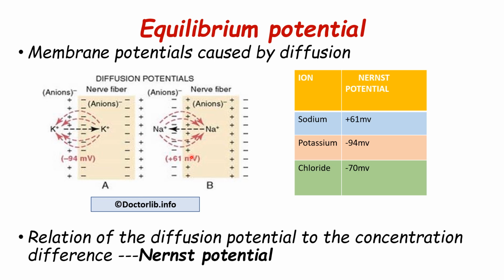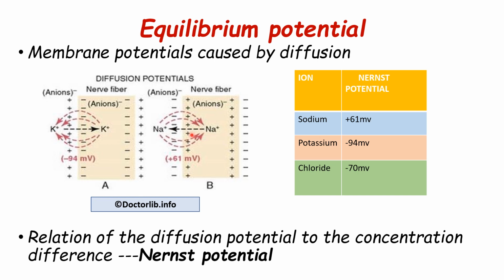Now we take another hypothetical situation where the cell membrane is permeable only to sodium ions. Because of the concentration gradient, sodium ions will move from outside to inside. After some time the inside becomes more positive, and this positivity will try to repel the sodium.